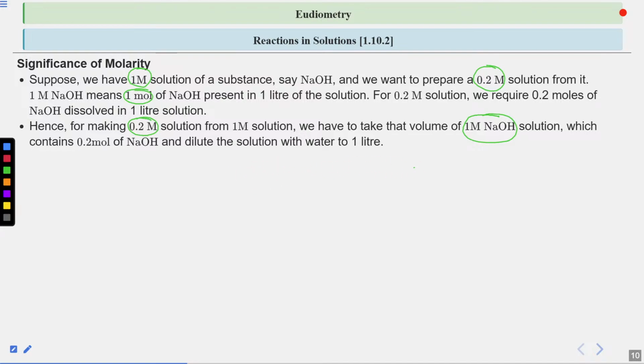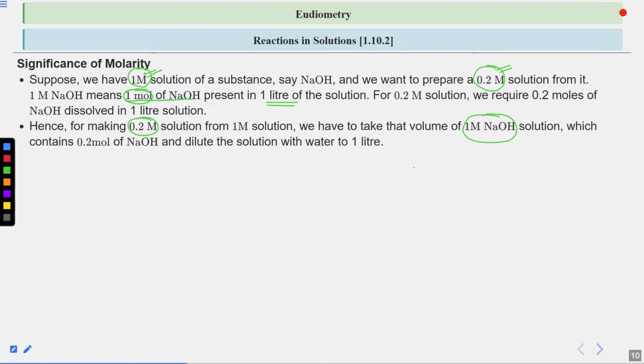Yes, Nisar, what is your doubt? So you are aware of the objective, right? We have a 1 molar solution and we have to convert it into a 0.2 molar solution. We know that by 1 molar we mean 1 mole of NaOH is present in 1 liter of solution. So if we take 1 liter of 1 molar solution, then we will have 1 mole.